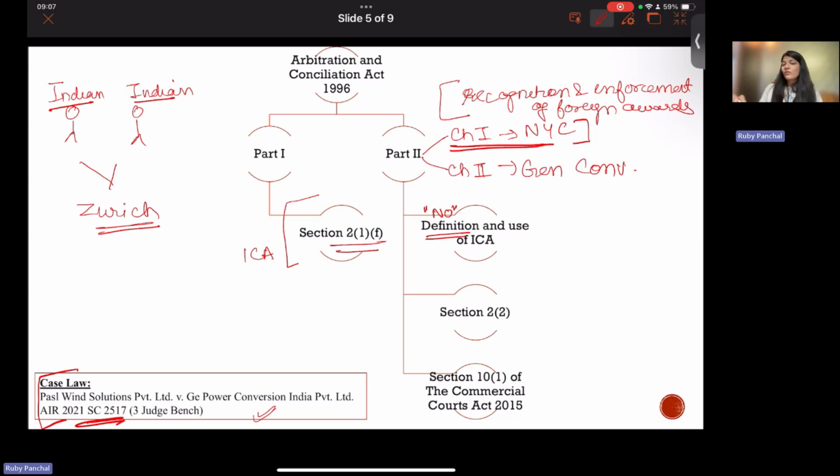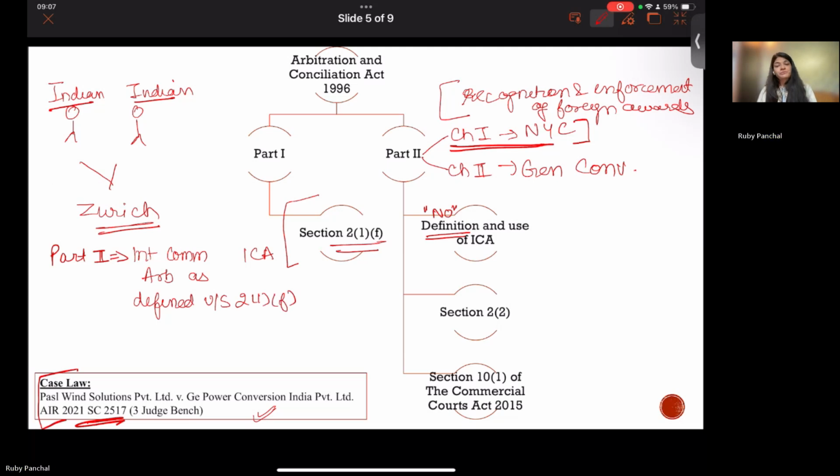Now, one of the arguments to negate or to stop this arbitration to be qualified under part 2, one of the arguments was that part 2 only is applicable on international commercial arbitrations as defined under Section 2(1)(f), right?